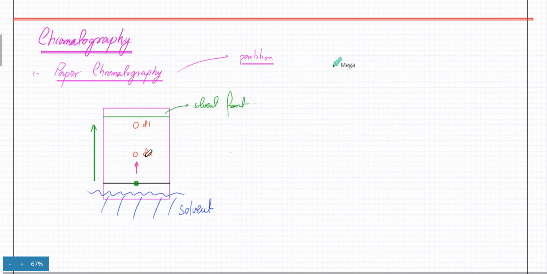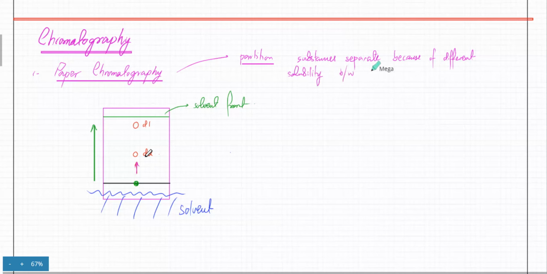So dyes or substances are separated because of different solubilities between stationary and mobile phase.